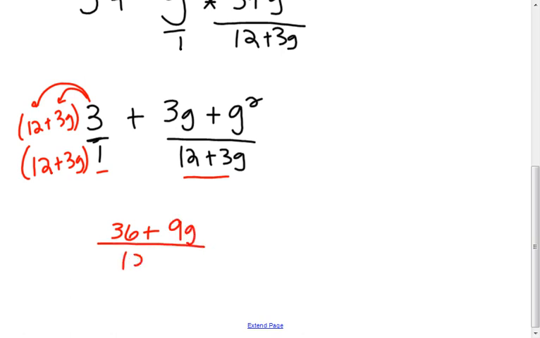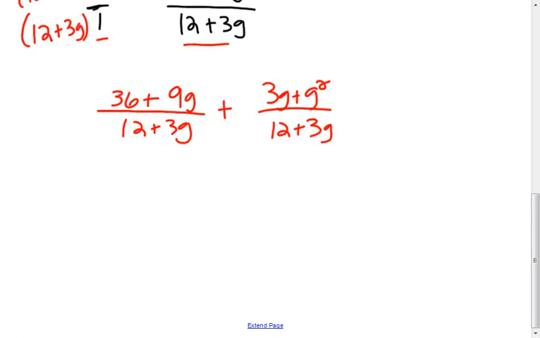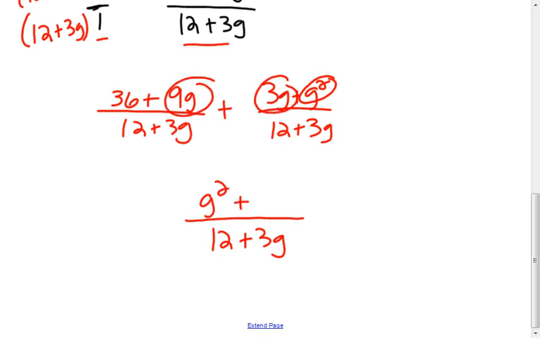And then I have my 12 plus 3g over here, plus my right fraction, 3g plus g squared over 12 plus 3g. And some of you maybe could have skipped this step, but I'm just going to show it to you just so that we don't get in trouble here. When you're adding fractions, you need common denominators, which I do now have, and my common denominator is 12 plus 3g. And then on the top, I have g squared plus 12g plus 36.